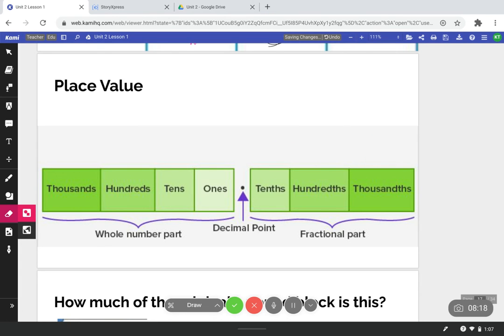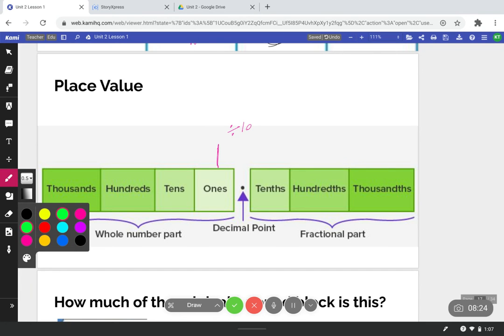And remember what we did with the cheese. We started off with 1 and we divided by 10. When we divided by 10, we moved 1 place value. Then I had 1/10. Well, I divided by 10 and I turned my slices into sticks. And then I got 100ths. Now I have sticks.